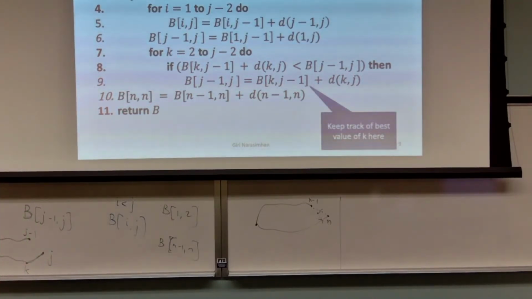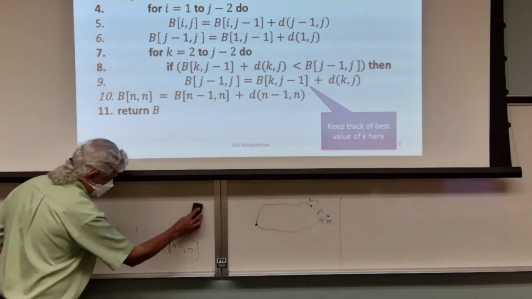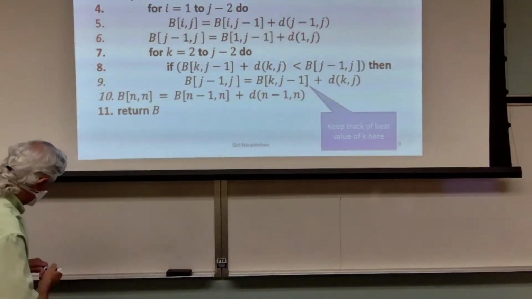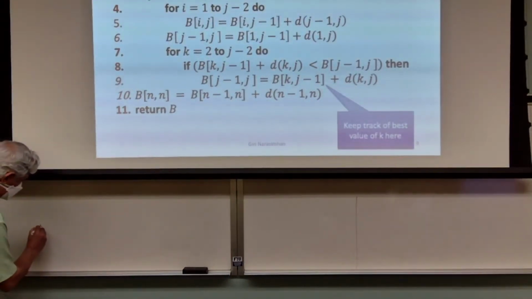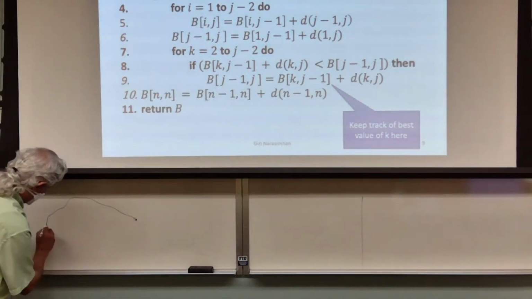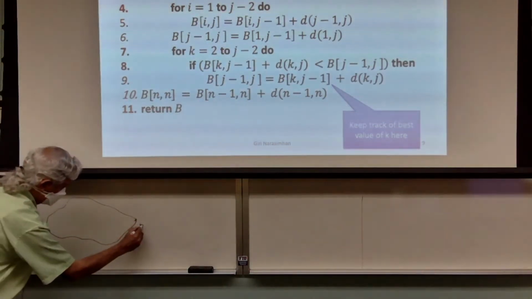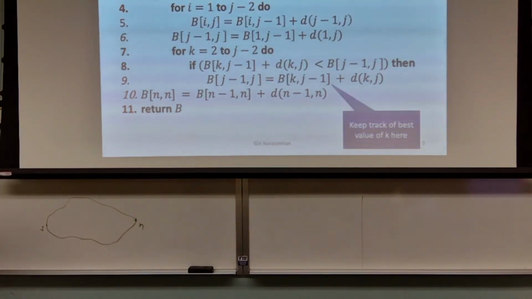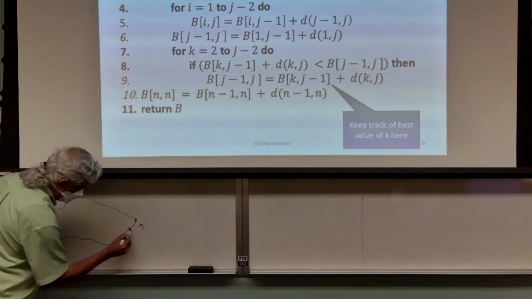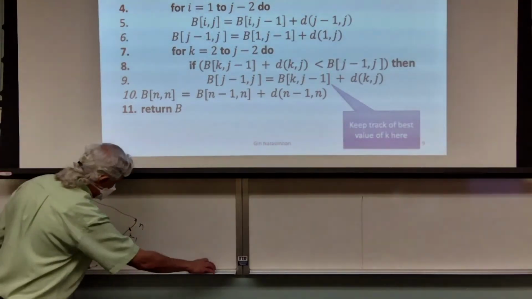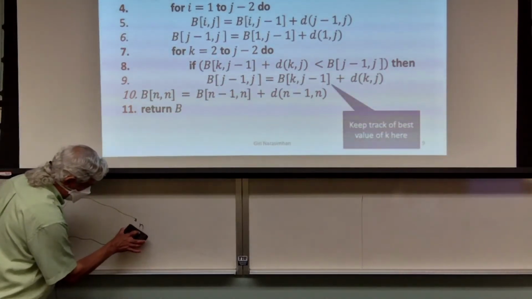So let me draw that here. Let's say this is the optimal tour. Here is 1, here is n. Somewhere here is n minus 1. We can remove this edge because we know it's there for sure.